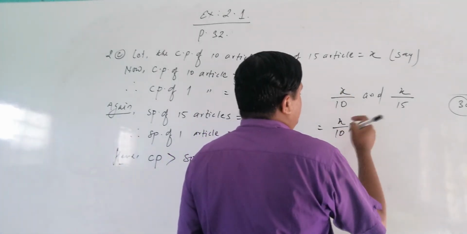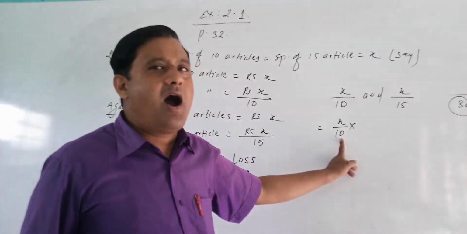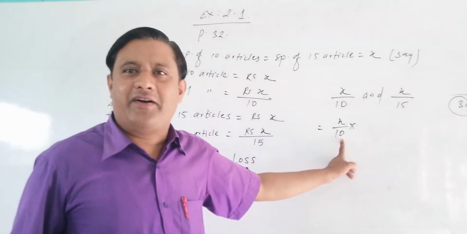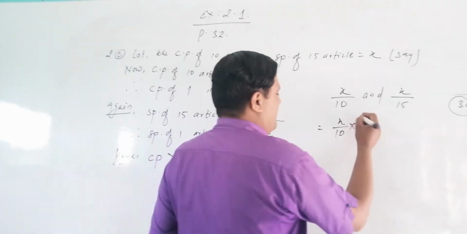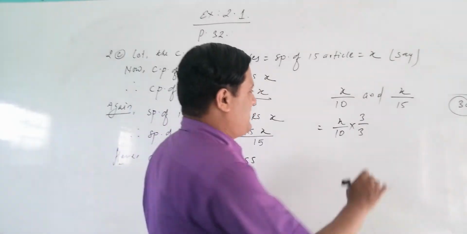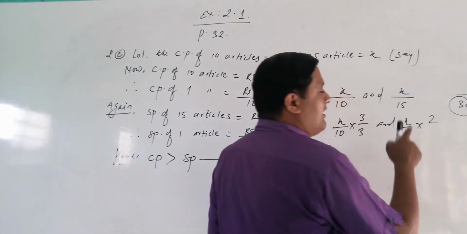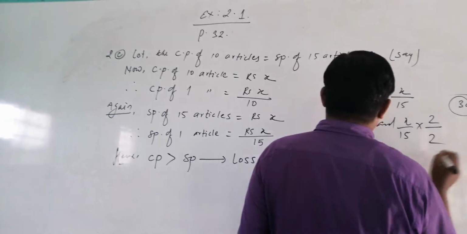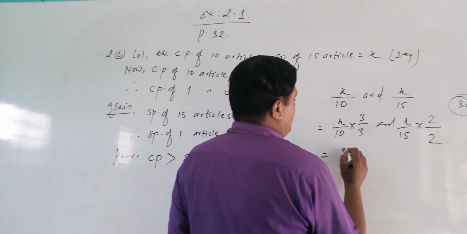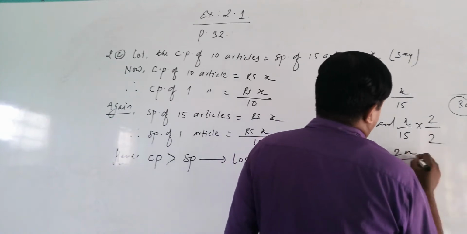X by 10, how can we get 30 from 10? It is very easy: multiply by 3 over 3. Then the same for X by 15: to get 30 from 15, it is very easy, multiply by 2. Here 3x by 30 and 2x by 30.